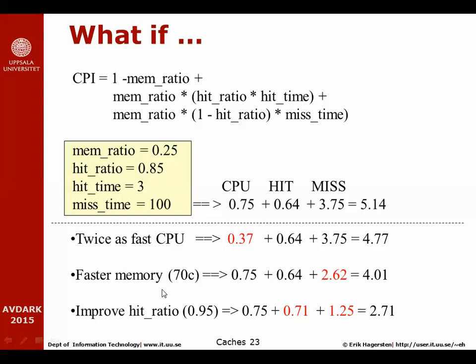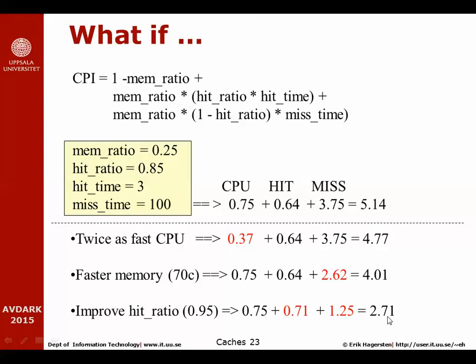And the way you can really make this architecture improve is, don't bother to improve the CPU, don't bother to buy faster memory, just improve the hit ratio. If you make that 95%, the second and third components here change, and the net effect is a CPI of below 3.